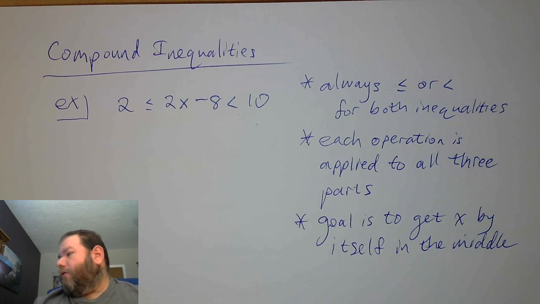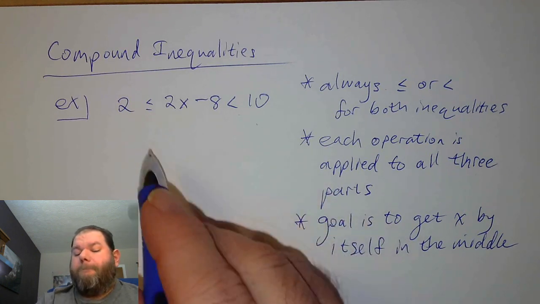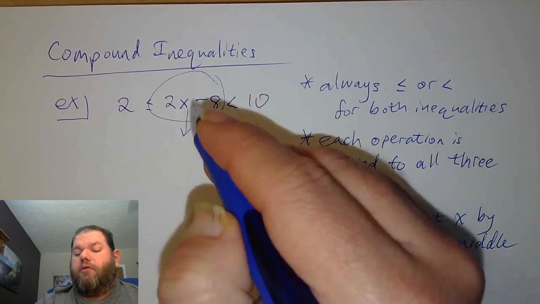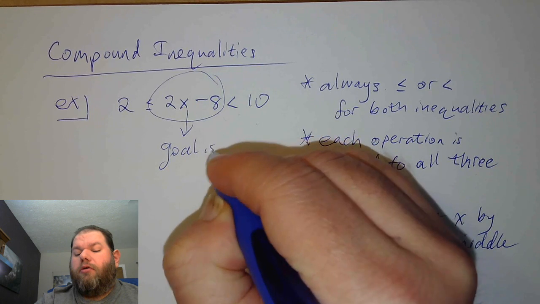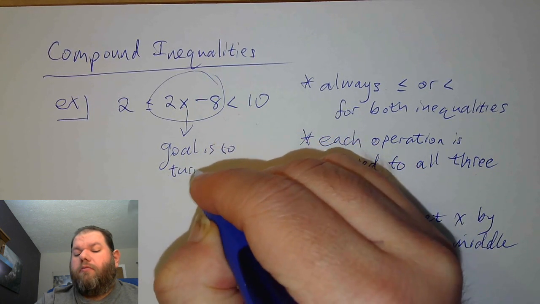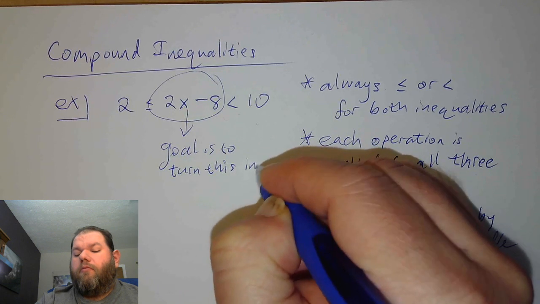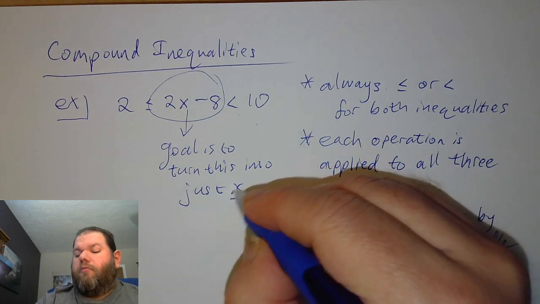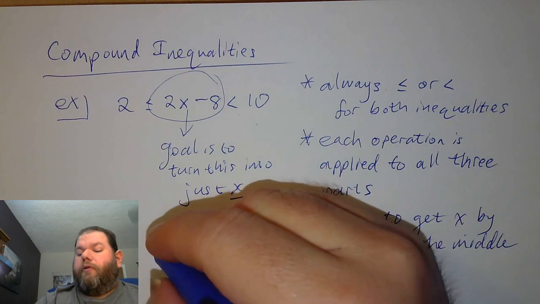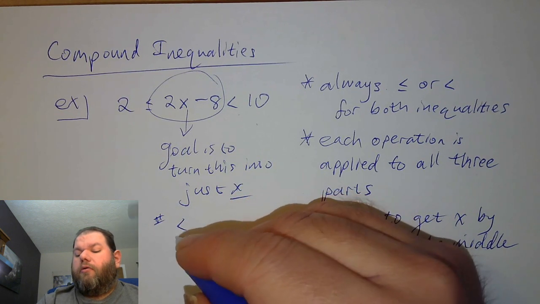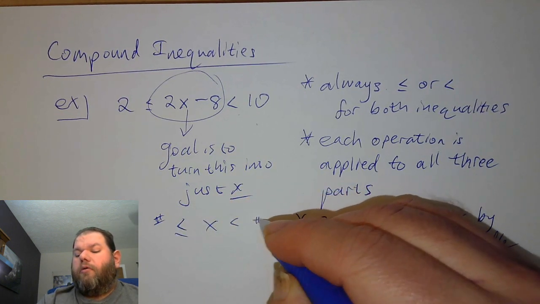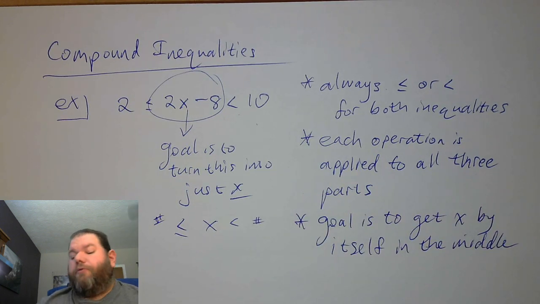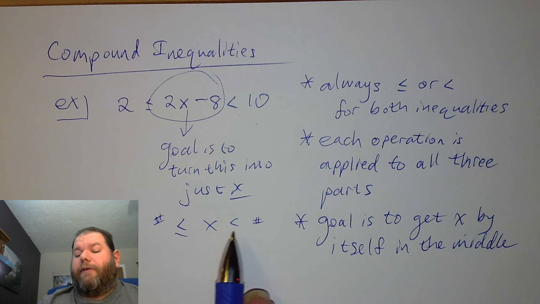So what is one of the two steps that we need to do to get that to happen? So we'll end up with a number where it's less than or equal to x, less than a number.